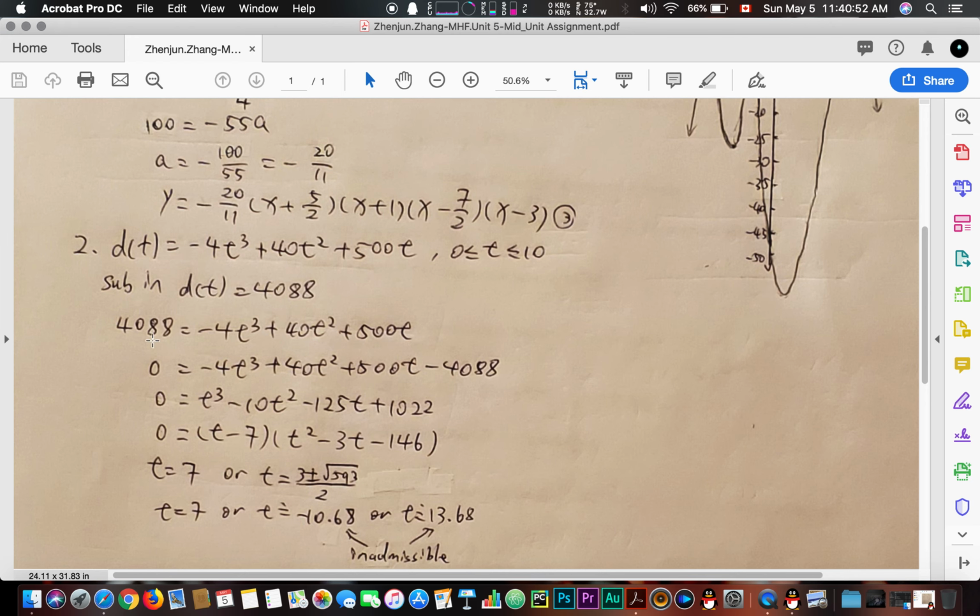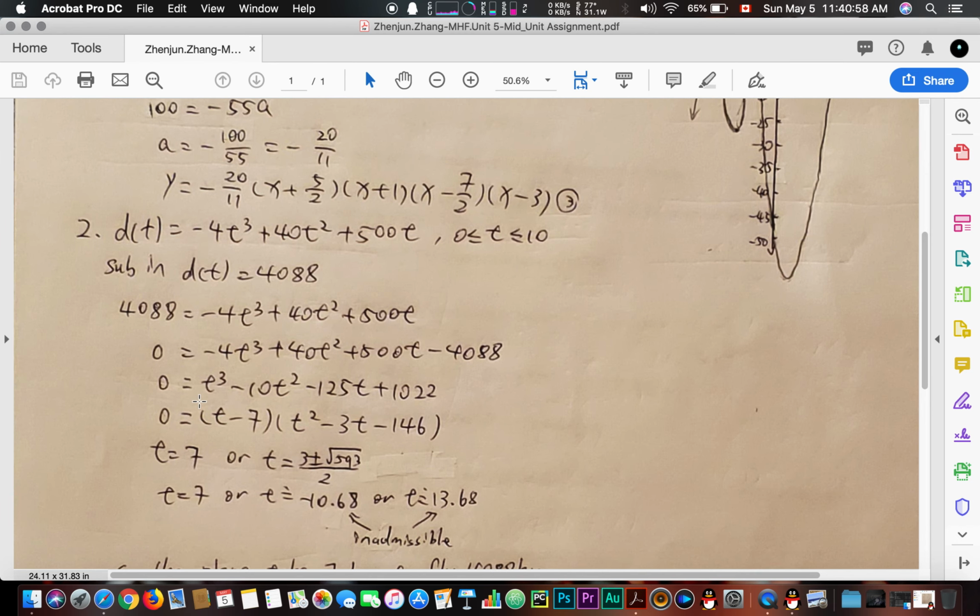We move the 4088 down there, so we get a 0 here, and then we divide each section by 4. We get 0 equals, well, because 0 divided by anything except 0 is still 0, because 0 divided by 0 ends up undefined.